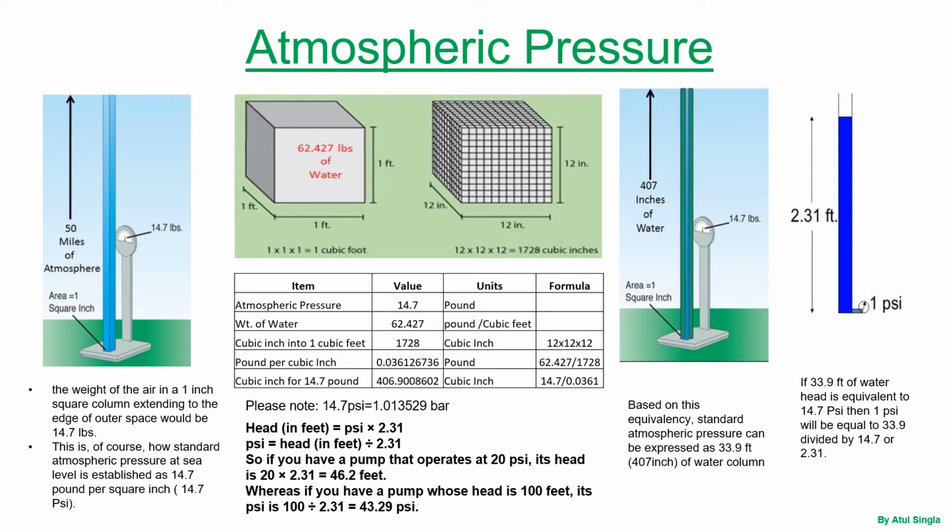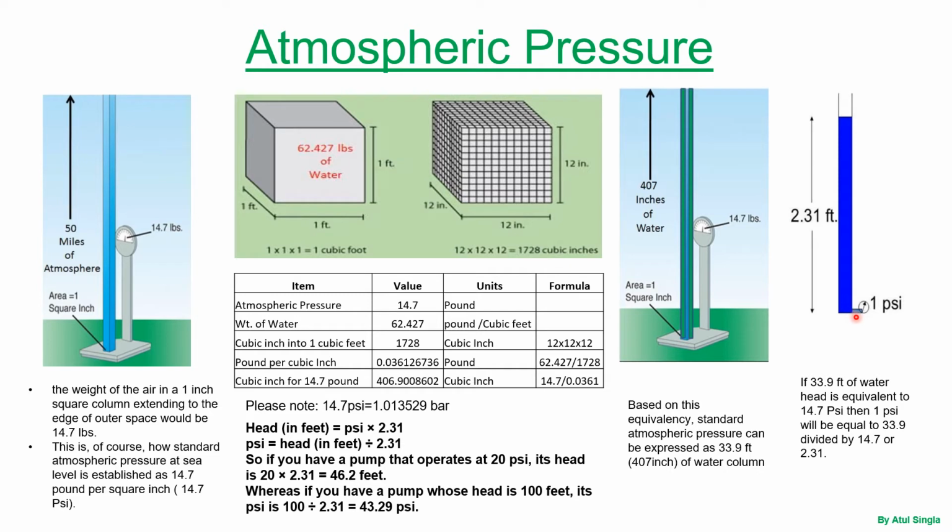That means we can easily convert the atmospheric pressure into water head. So this is the atmospheric pressure and 33.9 feet is the water head, which is equivalent to this much pressure. Now we know 33.9 feet of water is equivalent to 14.7 psi. That means 1 psi will be equivalent to 2.31 feet of water head.